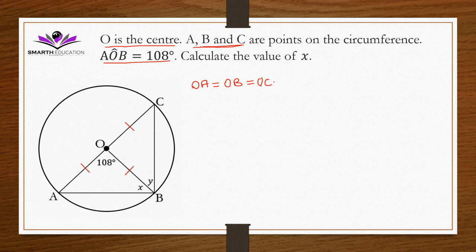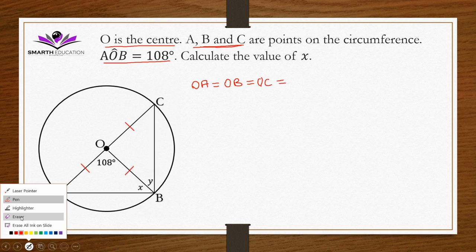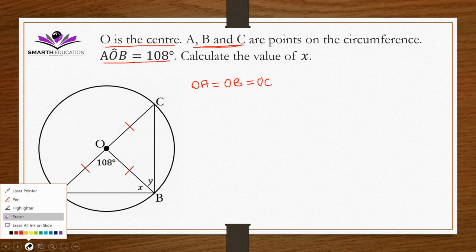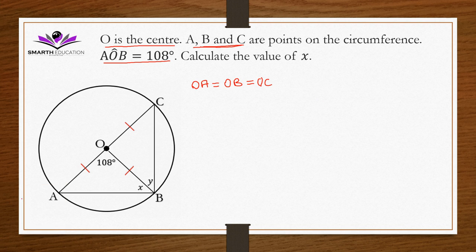Why are these three line segments equal? Okay, because they are the radii. Radius OA, radius OB, radius OC are equal. So that's the reason, radii.